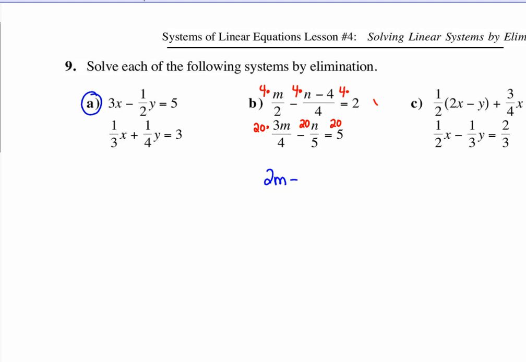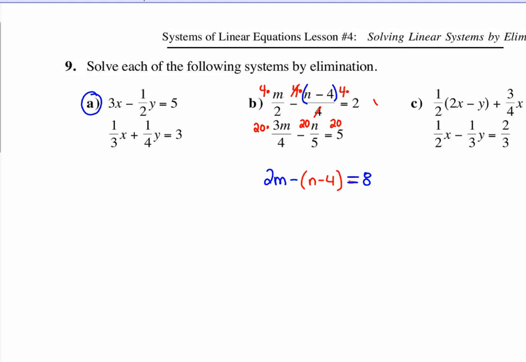What happens with the 4s here? If you're multiplying by 4 and dividing by 4, they're going to cancel. You're just going to be left with n minus 4 equals 8. It's kind of tough because that one had a binomial.